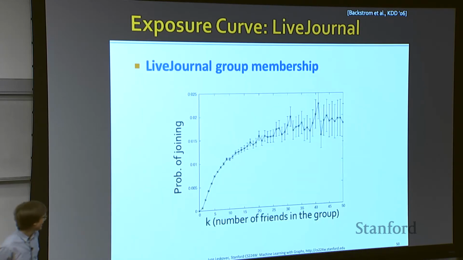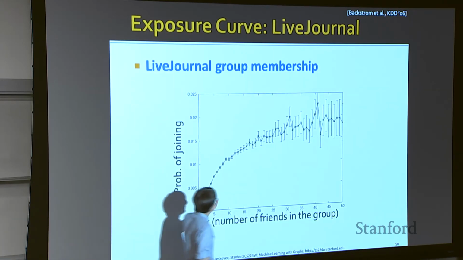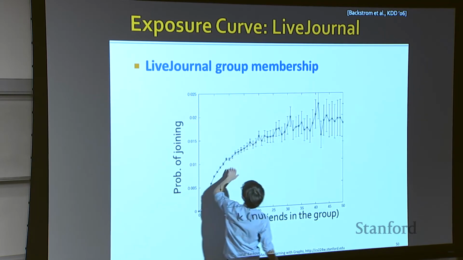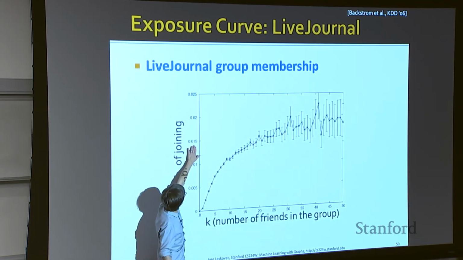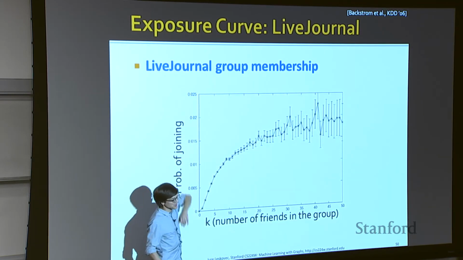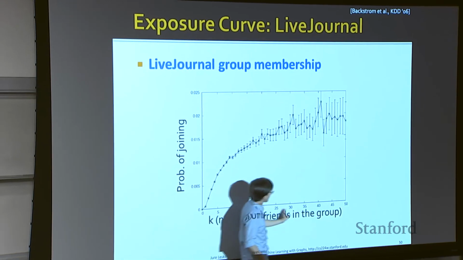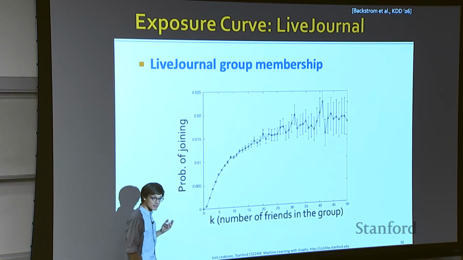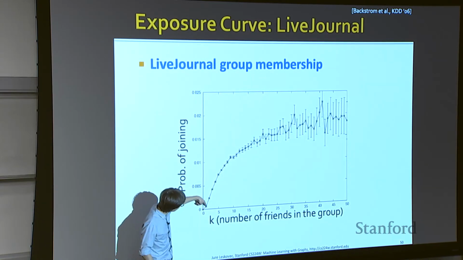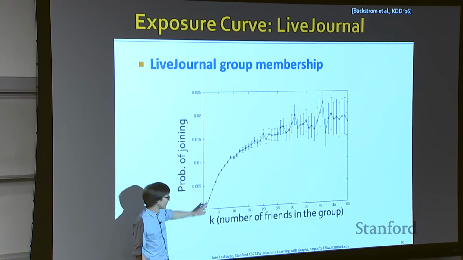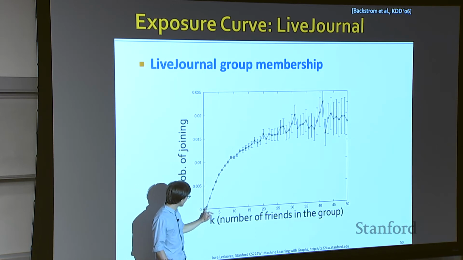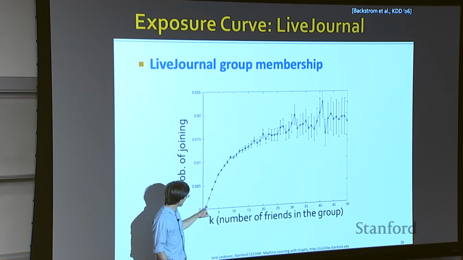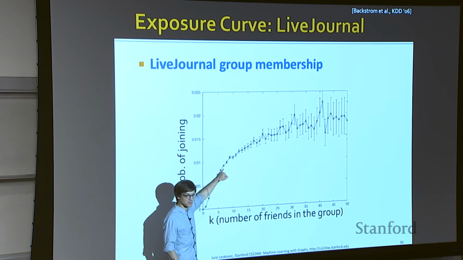And here's the result. And notice it's again this kind of diminishing returns. Here the probability is 1.5 to 2%, as more and more of your friends are members of that online discussion group. What is interesting here is you kind of notice this kink. So it seems that at least between 0 and 1, there is something, and then it kind of increases and becomes a diminishing return.